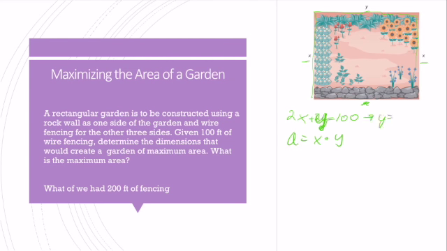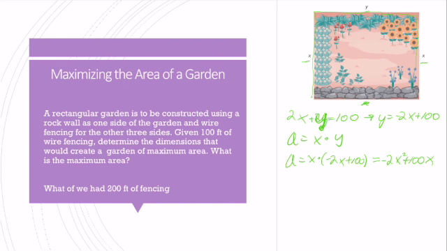Now I can rewrite area just with x. So area equals x times negative 2x plus 100. I'm going to simplify that to negative 2x squared plus 100x. So now we have our function. But before we maximize this function, we need to determine our domain.